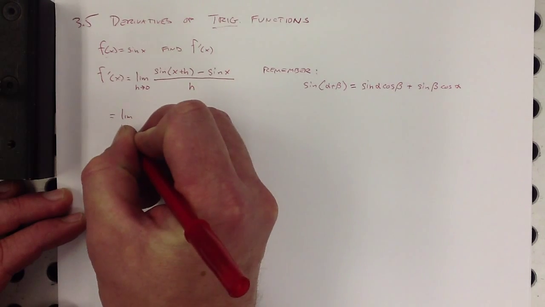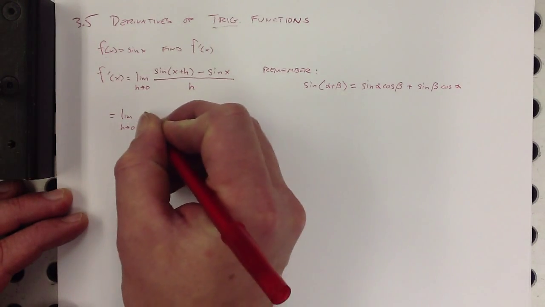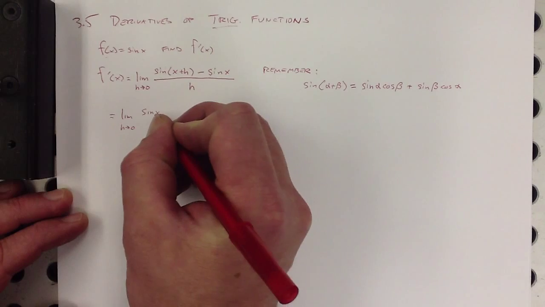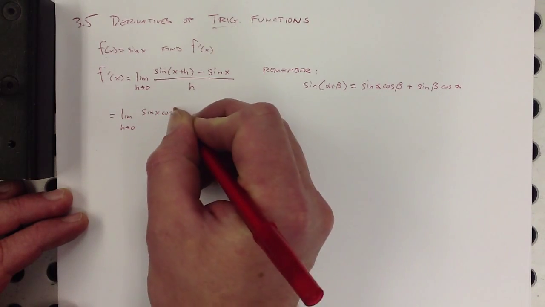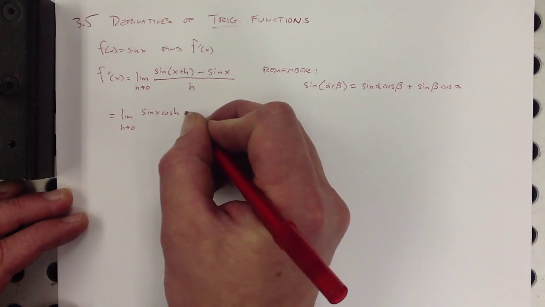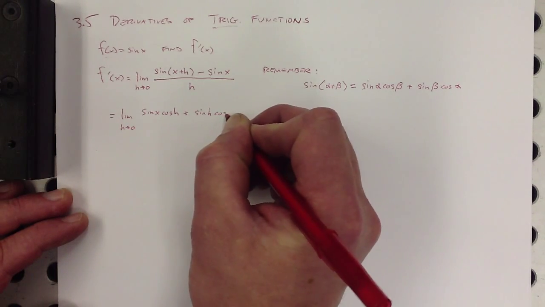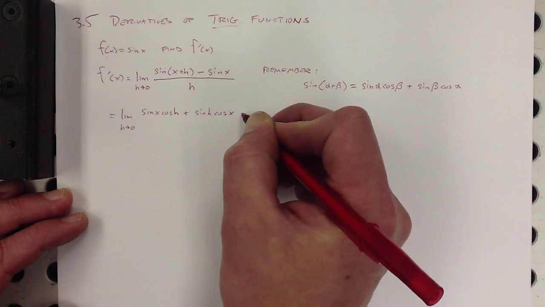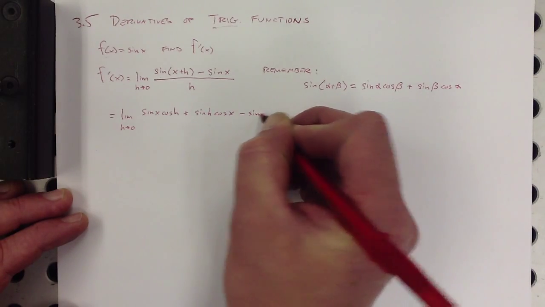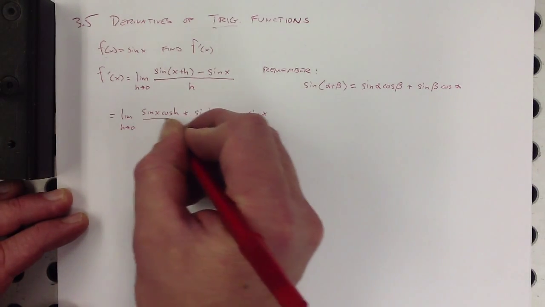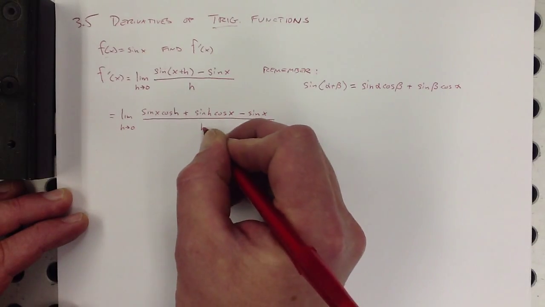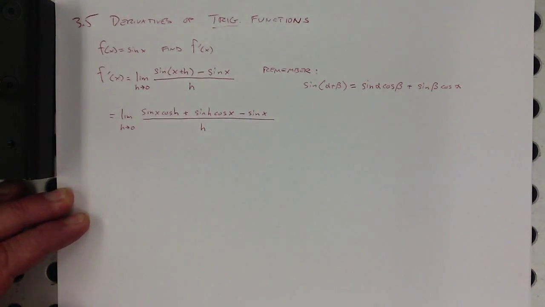That's the limit as h approaches 0 of sine x cosine h plus sine h cosine x minus sine x, all over h. All right, let's see what we can do with that.